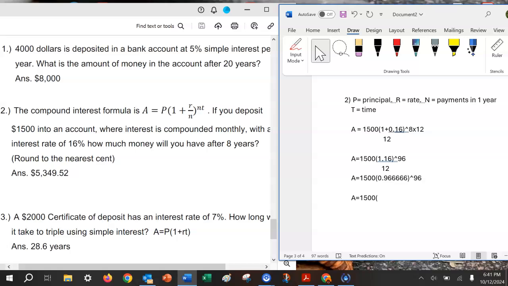Okay, try it again. 0.9666666 to the 96 power. And I get 0.3859.